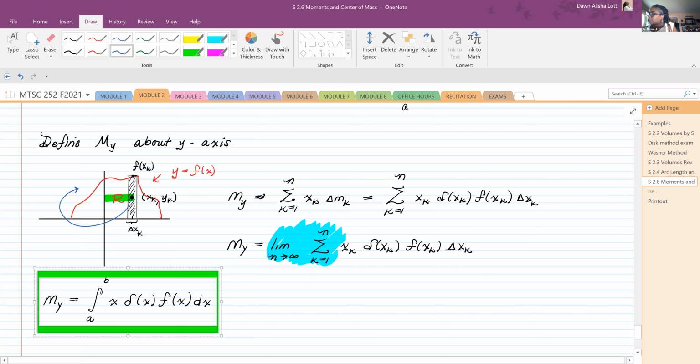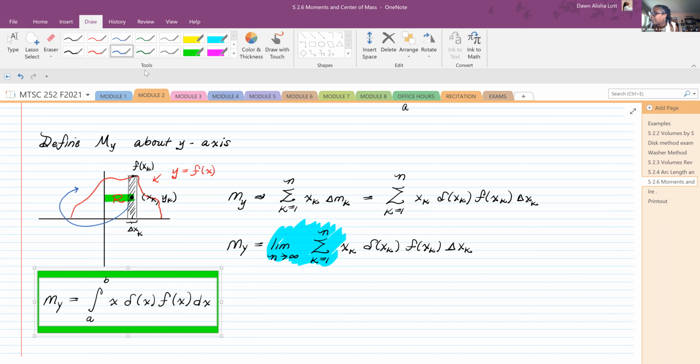Notice how I concentrated the mass right here. I do know that the mass is inside that strip. And that mass, no matter where I put it inside that strip, is always going to be x distance from the y-axis. You understand that?